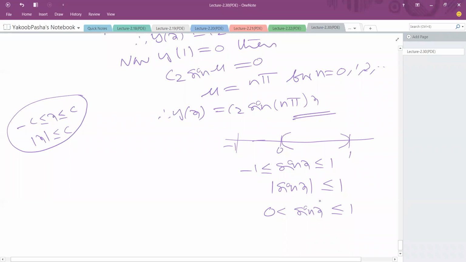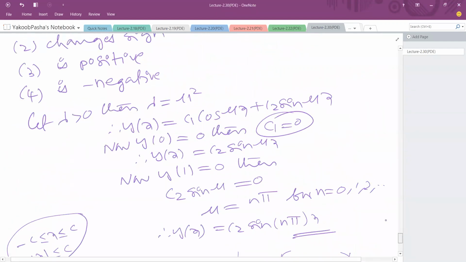So sine is positive in the open interval 0, 1. So option C is the right option.